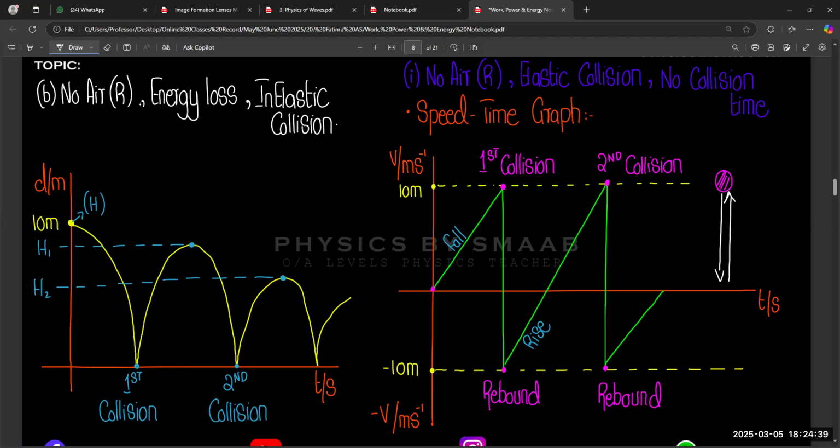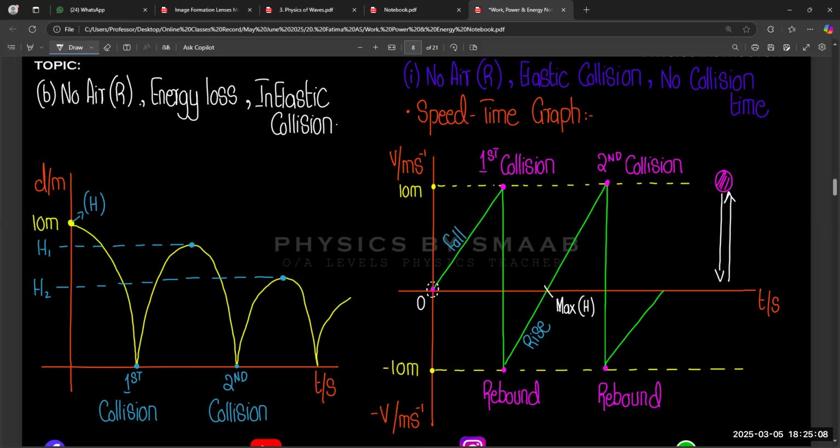After the rebound, it reaches the maximum height again. This is the point where we started from the maximum height, speed is zero, and this is the point where we have maximum height. After the same time interval, this point represents the maximum height again, right?